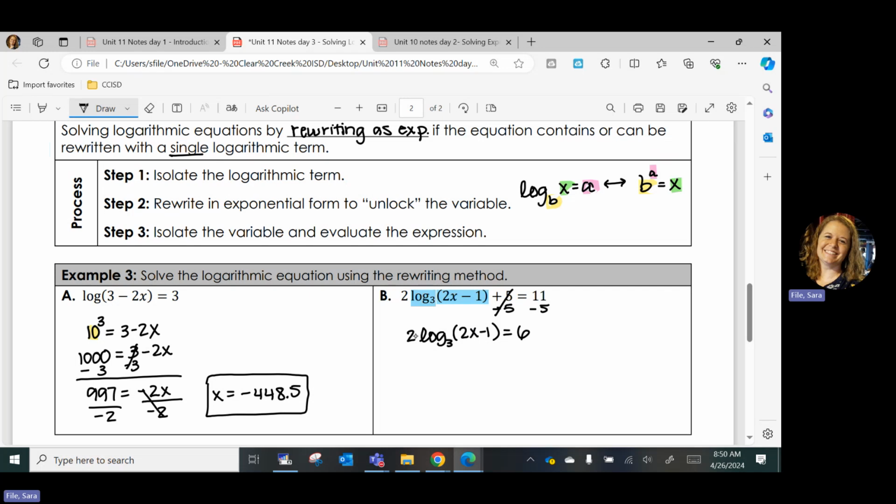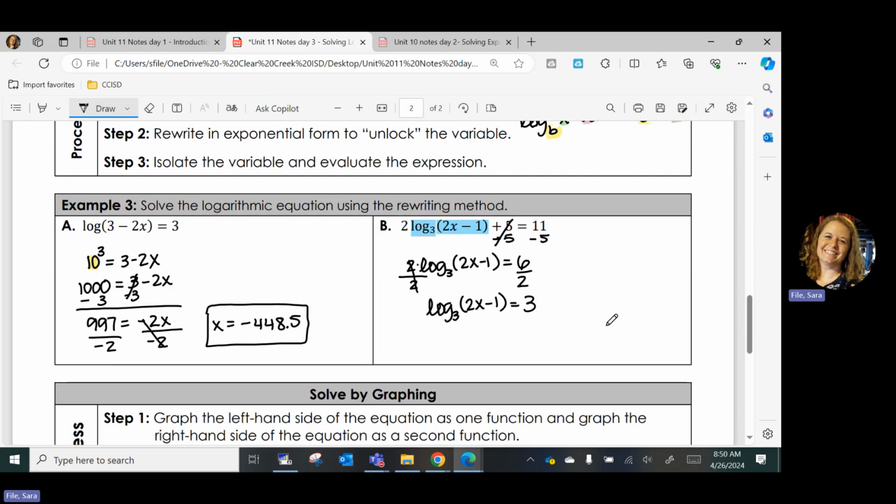Now I'm going to move the coefficient that's being multiplied in the front. I'm going to divide it out. So I'm left with my log expression equal to 3. So step 1 done. Isolate the log.